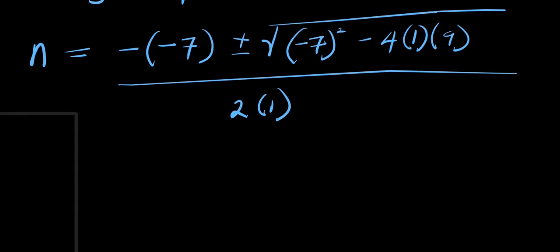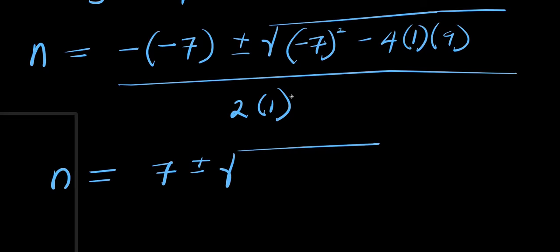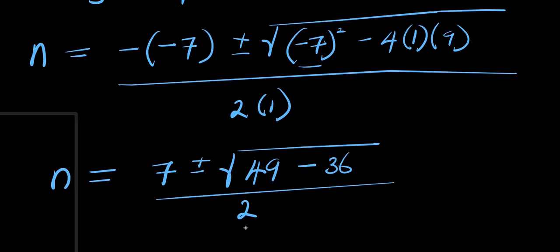So from here, I have n equals, this is 7, plus or minus square root of negative 7 to the power 2, this is 49, minus 4 times 1 times 9, this is 36, divided by 2.